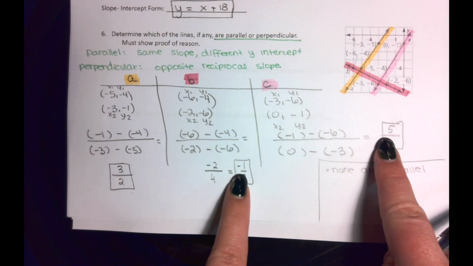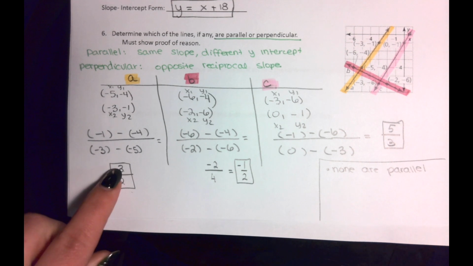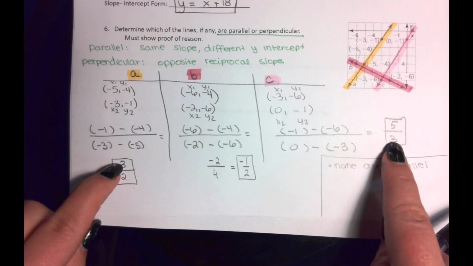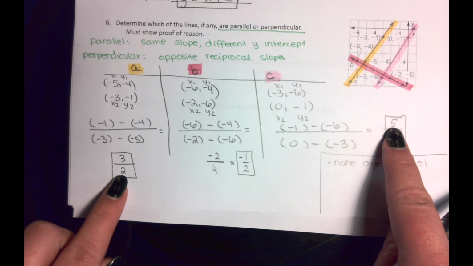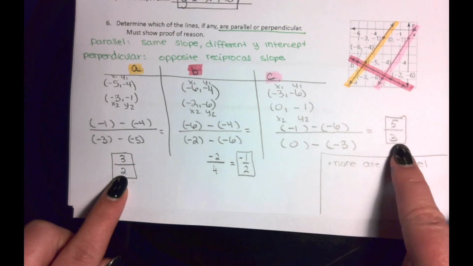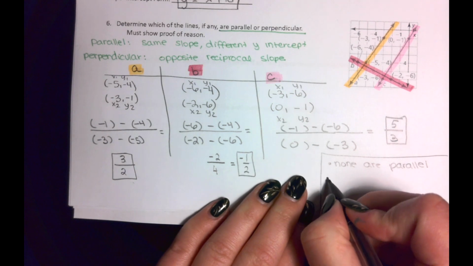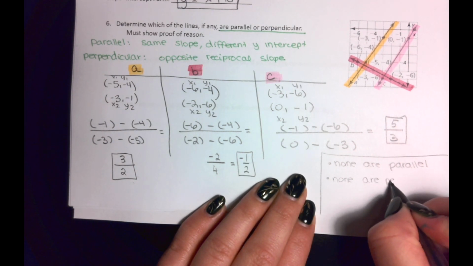These are opposite, positive, negative. But we need an opposite reciprocal. Reciprocal is where they flip the fraction. So I have a 3 on top, I have a 3 on the bottom, I have a 2 on the bottom. Do I have a 2 on top? No. I have a 2 on the bottom, 2 on the bottom. So none of them are opposite reciprocals. So that means none are perpendicular.